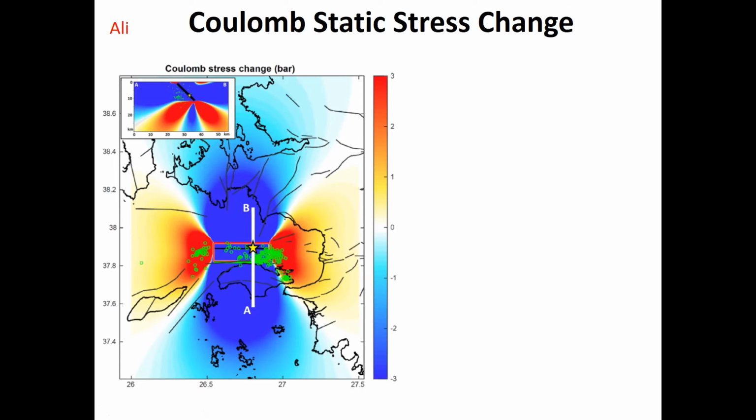But before going to the variable slip model, on the upper left corner you'll see a cross section along the AB profile. Here you can clearly see that the stress from the surface to a depth of around 13 kilometers was completely released. Below 13 to 15 kilometers depth, we can see that stress is increased, and probably this stress increase caused by the main shock will be released by post-seismic slip.